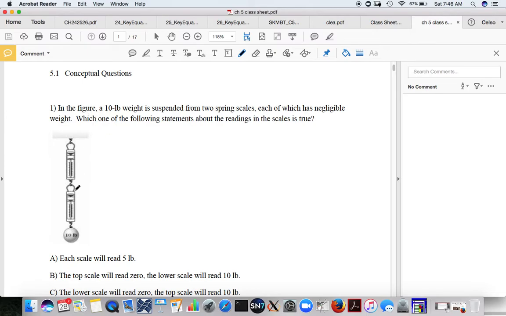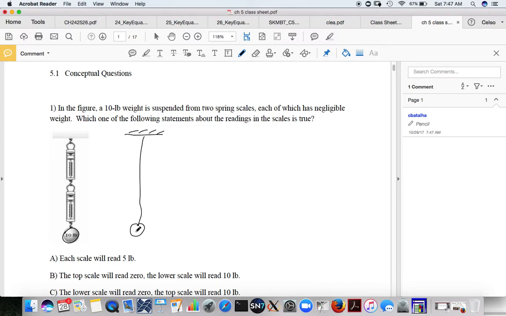So in the figure, we have a 10 pounds weight suspended from two spring scales, each of which has a negligible weight. Which one of the following statements about the readings? Okay. So think about these being held by a string.